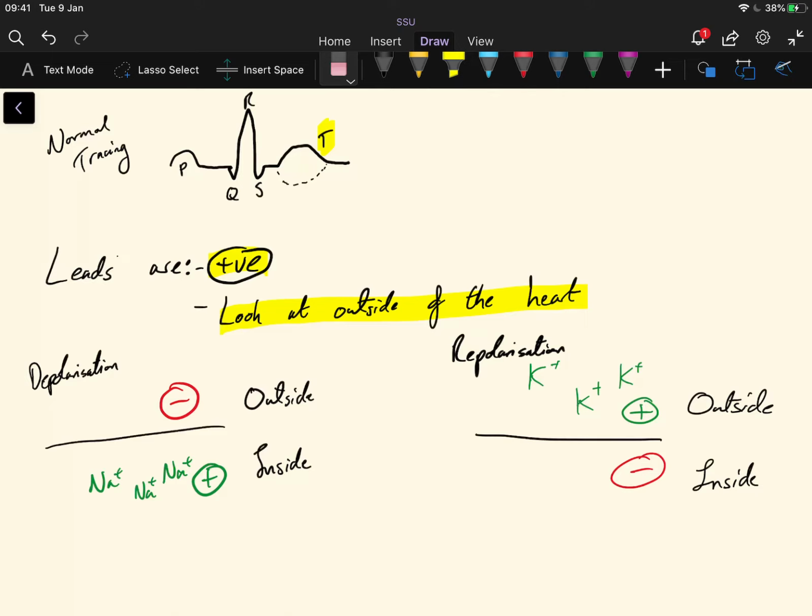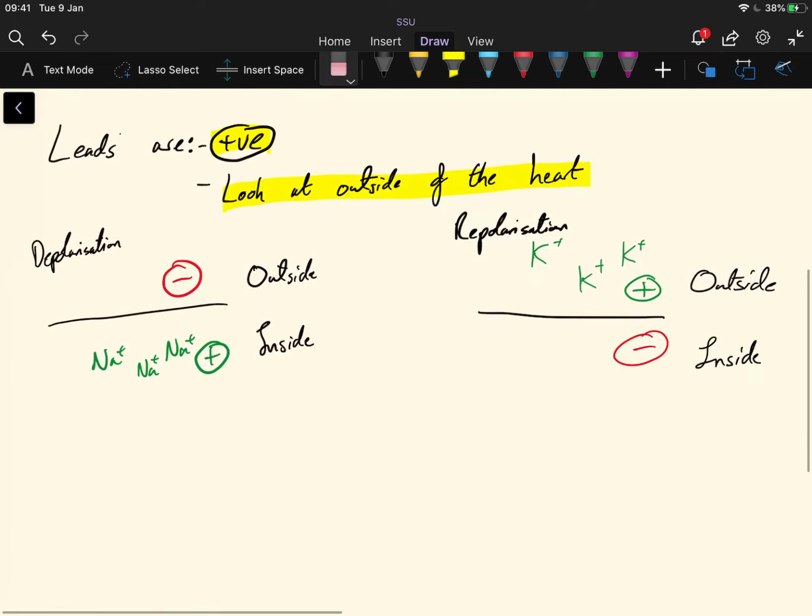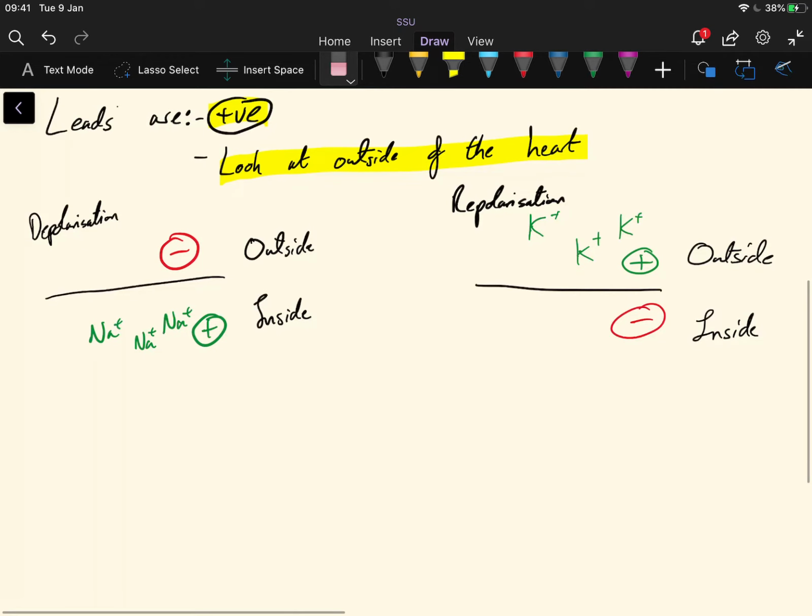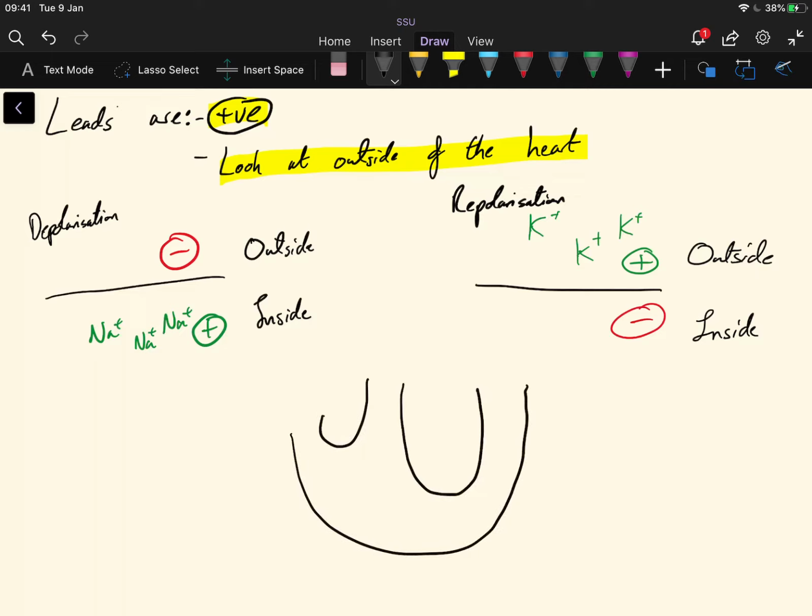Okay? So if we have a lead on the outside of the cell, outside of the heart, as they all are, just like this. Let's say we have our lead, for the sake of argument, here. Remember, it's positive. When the ventricle is depolarized, like this, we're looking at the outside.